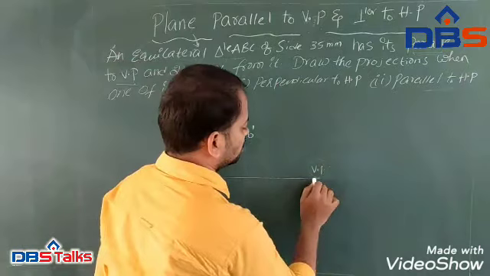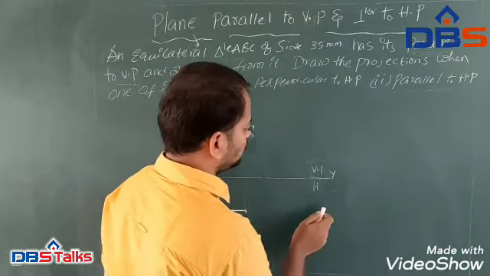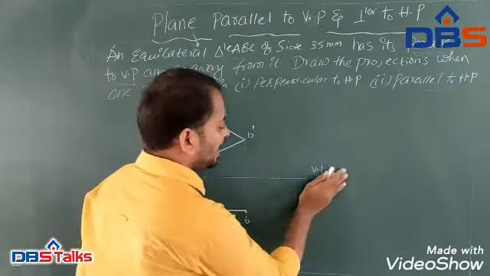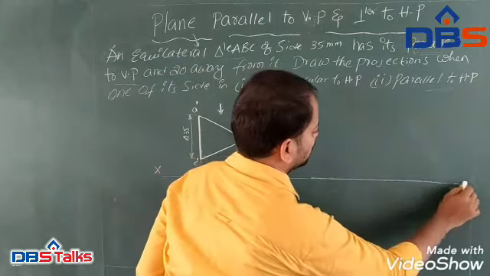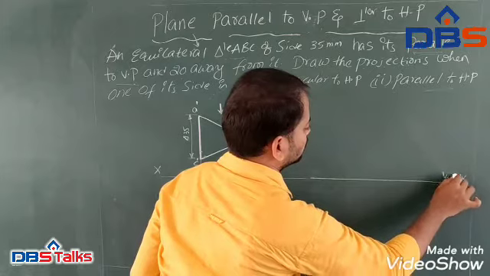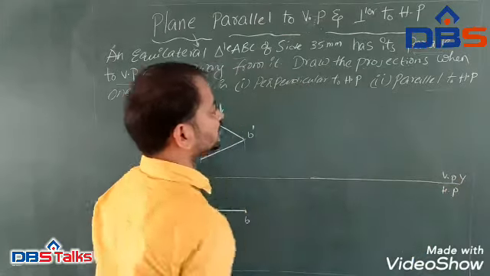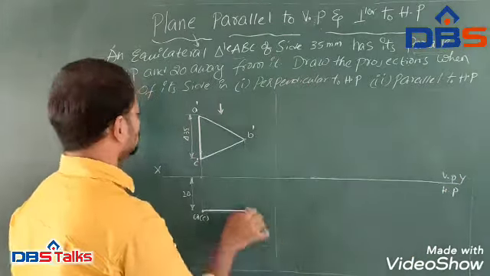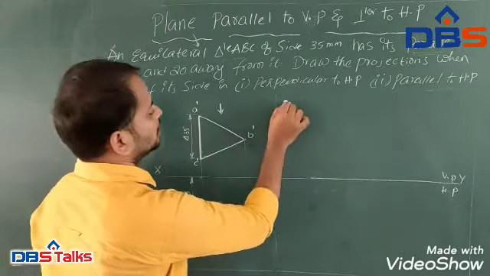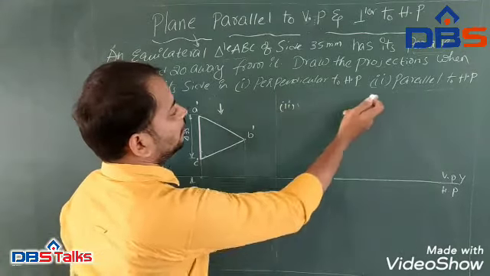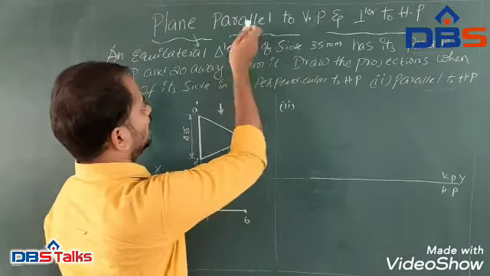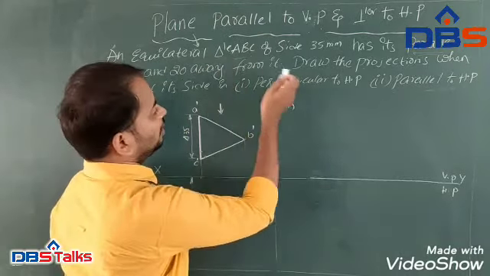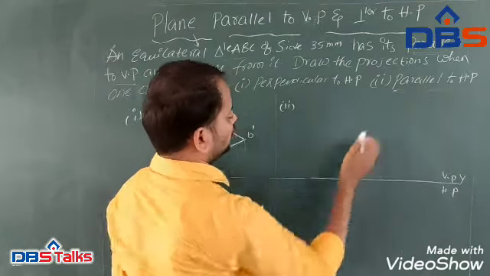Again draw an XY line. Here I am continuing with the same reference principal line, VP and HP. This is the first part and this is the second part. Based on the given data, include the condition parallel to HP.